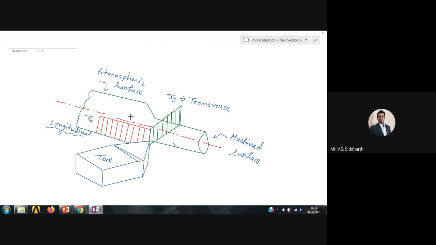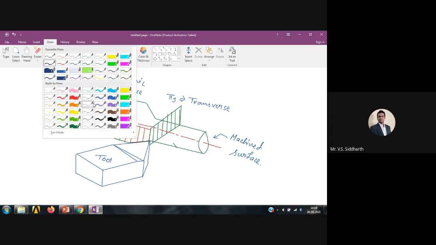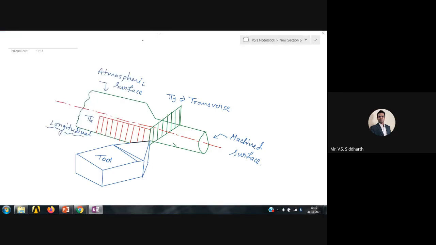Now you see here, can I say that on the side cutting edge, from this portion to this portion, the edge of the tool is in contact with the workpiece?